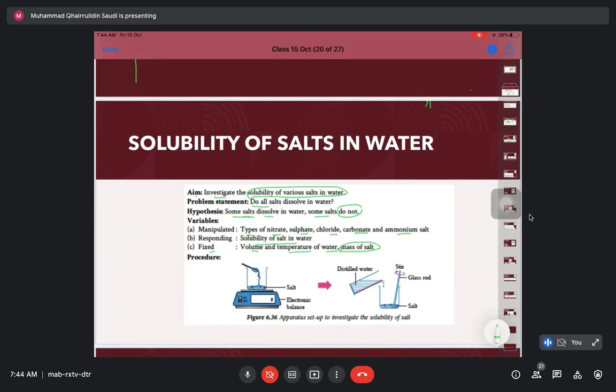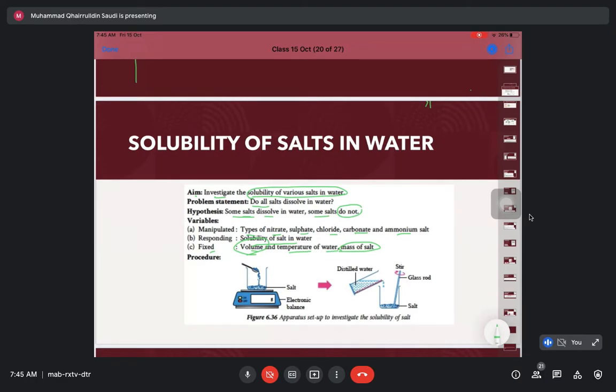So the procedure sangatlah senang. You just weigh the salt using electronic balance. Okay, tulislah berapa gram of salt using electronic balance, and then you transfer the salt into a beaker, and then you add distilled water. Okay, the fixed volume of distilled water kan, volume must be fixed. Let's say you add 25 cm³ of distilled water, and then you stir the salt.